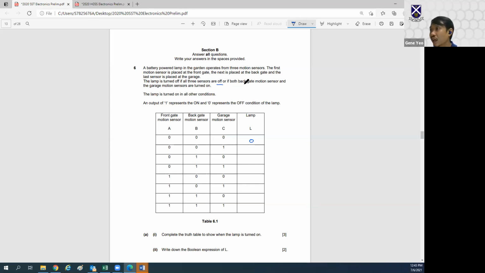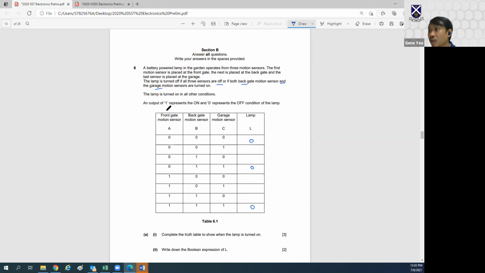Now I'm going to look at when both the back gate and garage are turned on. So I'm looking for 1 1. There's a 1 1 here, so it's off. There's a 1 1 here, so it's off.